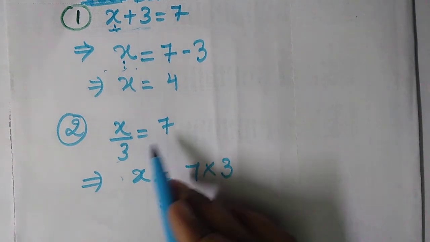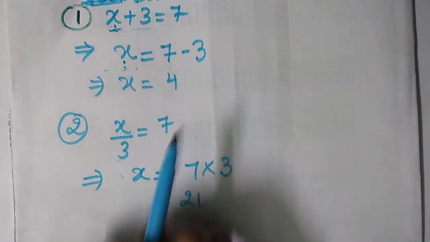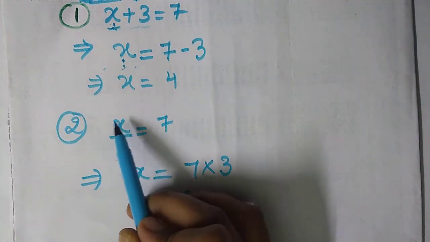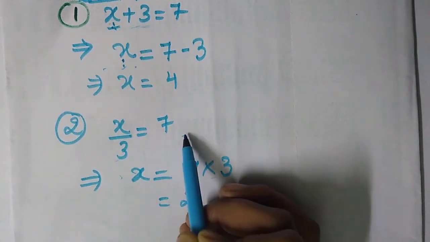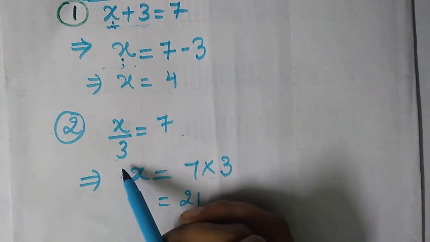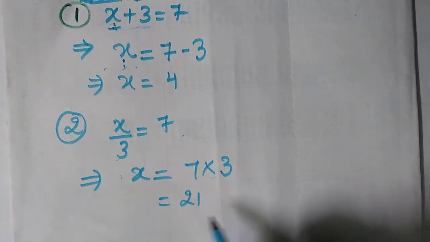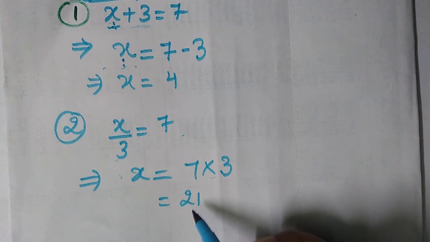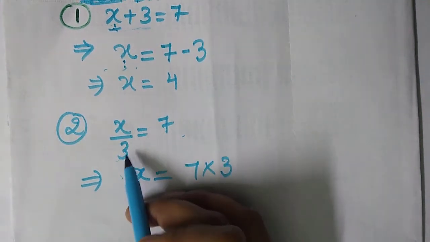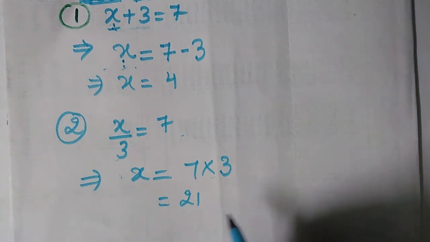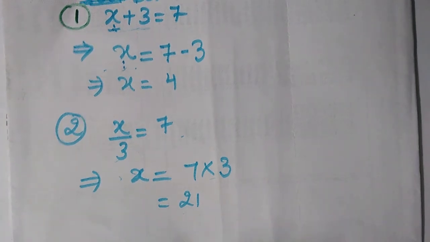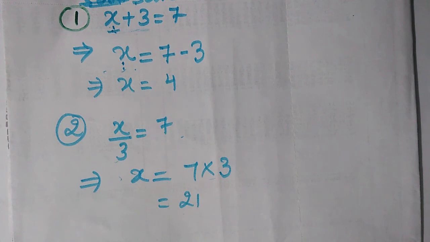So 21 is the answer of this equation. If you put 21 in this equation, you will get 7 equal to 7, since 21 divided by 3 is 7. So on this value, 21, the left hand side is equal to the right hand side. So this is the solution of this equation. This way you can solve equations.